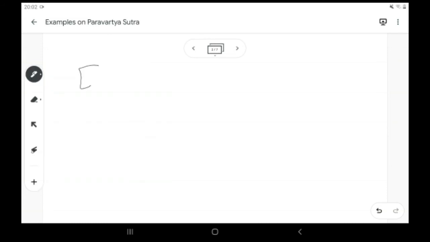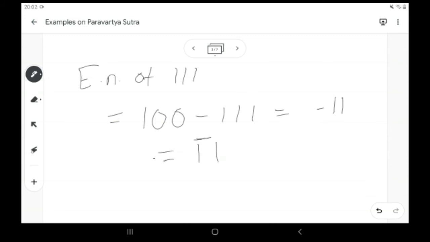So En, the extra number of 111, our divisor in this case, will be the power of 10 the divisor is close to, minus the divisor. In this case, you get a negative number, minus 11. To make calculation simpler, in Vedic maths we generally denote this by a bar. So you put a bar on top of 11, which can be split up as 1 bar and 1 bar respectively.